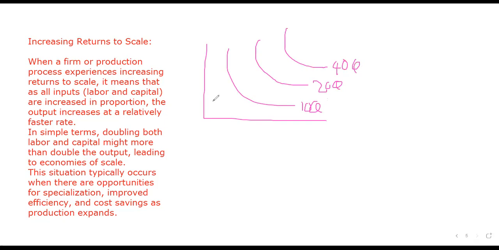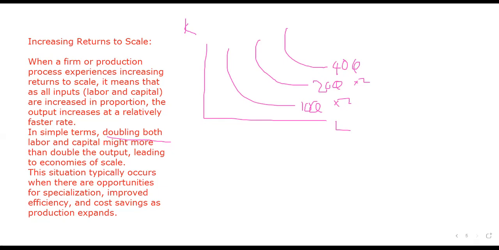This situation usually occurs when we have specialization, efficiency and cost-saving measures. So production is doubling or multiplying. 10, 20, so here it's times 2. It's increasing times 2. So production is efficient.